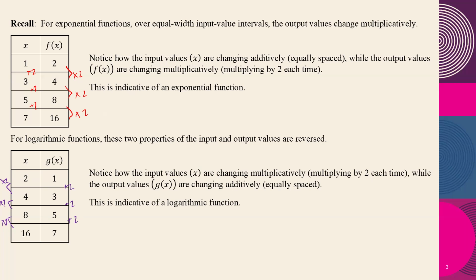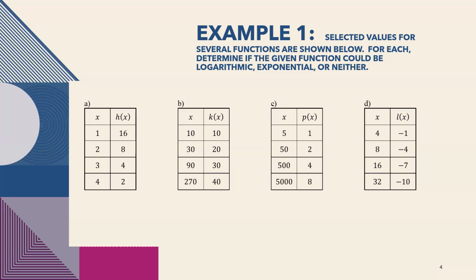All right. So in your group, what I want you to do on example number 1 is to decide which tables are logs, which tables are exponential models, or which is neither. Okay, so it's either going to be a log, an exponential, or neither model between function h of x, k of x, p of x, and l of x. And go.